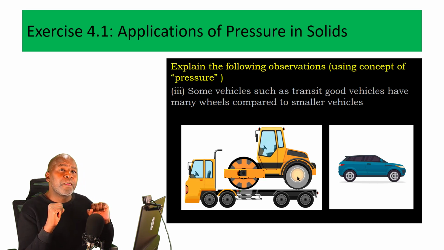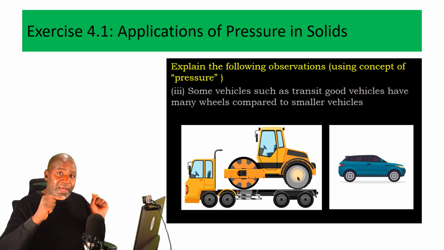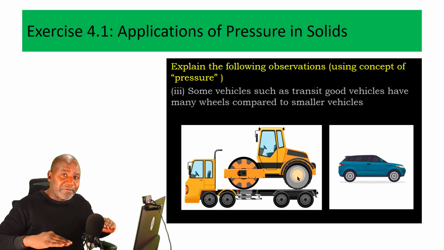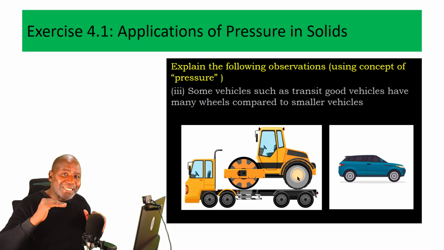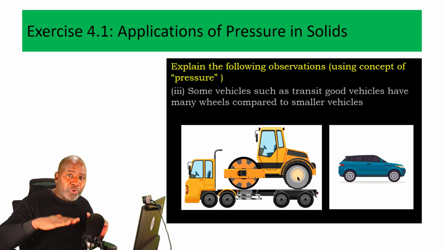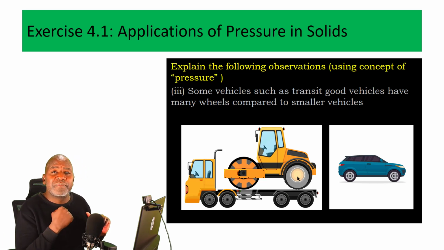So, if the tires were few, the area of contact between the tires and the road surface would be small. That will make the pressure that the tire exerts on the road surface to be very high. And when the pressure exerted by the tire on the road surface is very high, the road surface is going to wear out very fast.